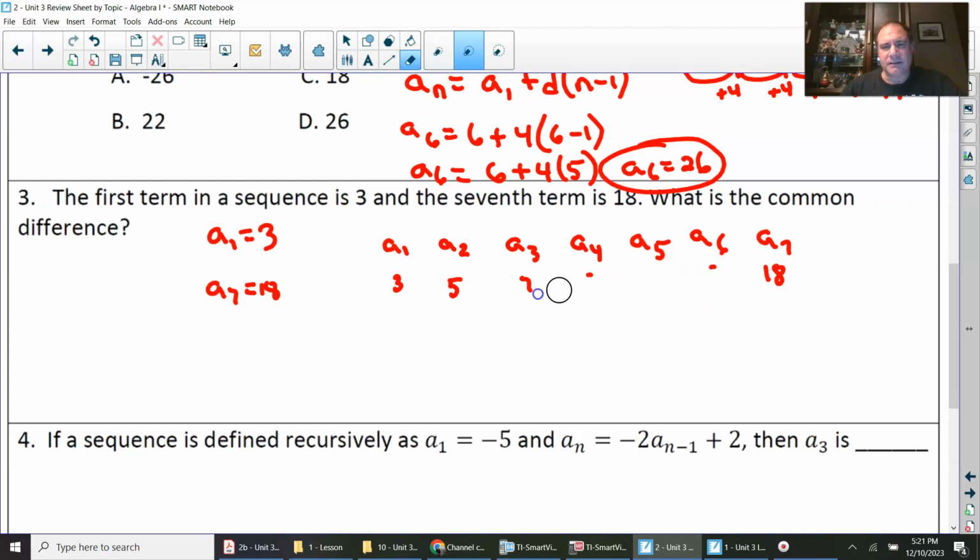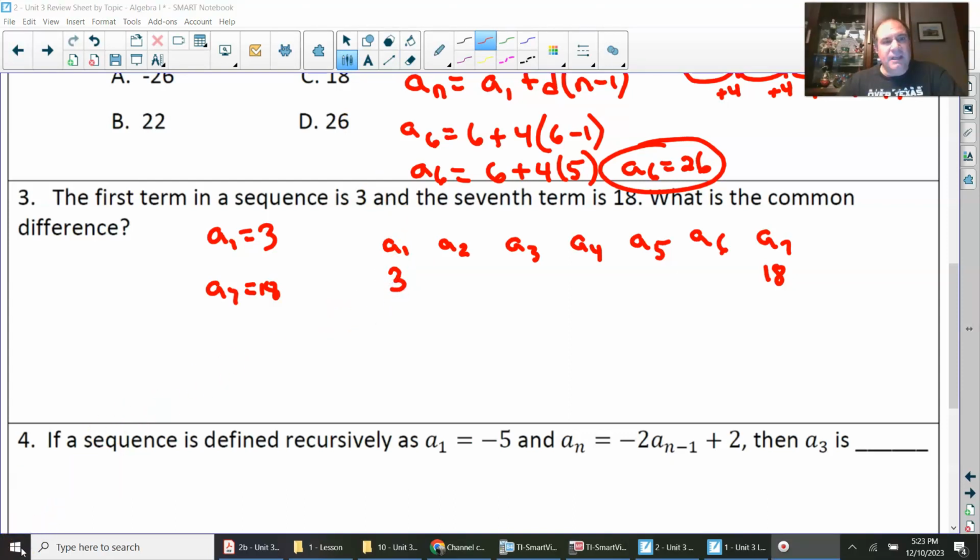So I'm going to erase this, and I'm going to go by 3s. 3, 6, 9, 12, 15. No good. Now it's not a whole number, and there's a little bit of a problem.